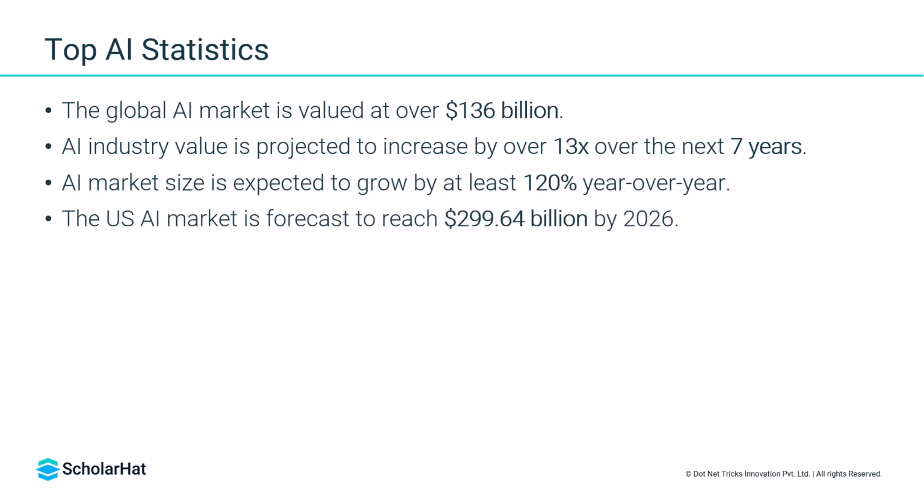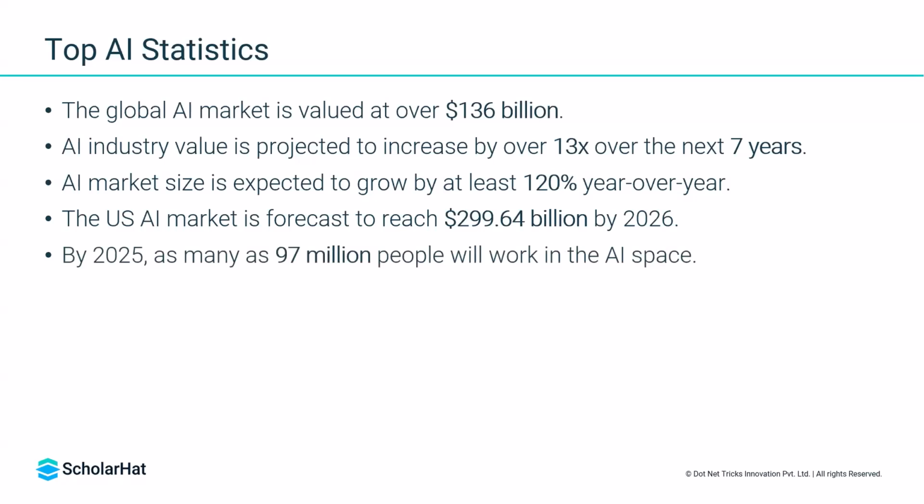The US AI market is forecast to reach $299.64 billion by 2026. So these are the numbers we have this year itself. As I mentioned, by the end of this year, 2025, around 97 million people will work in the AI space.